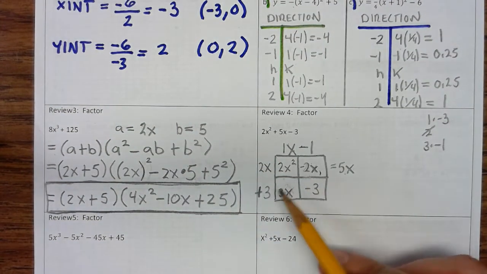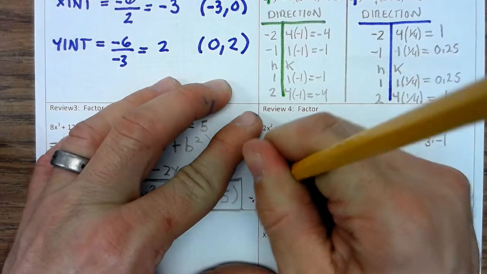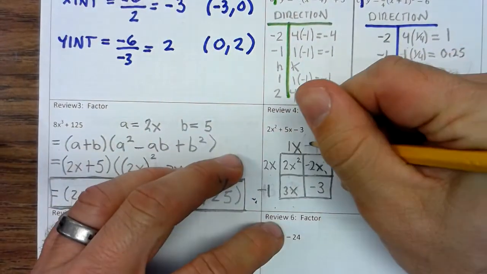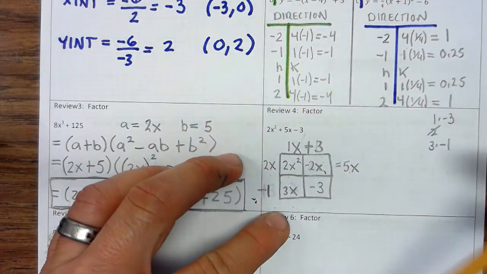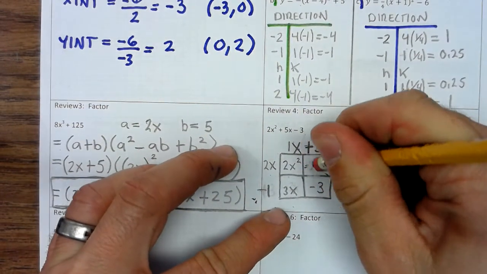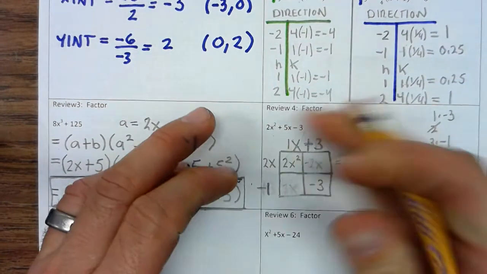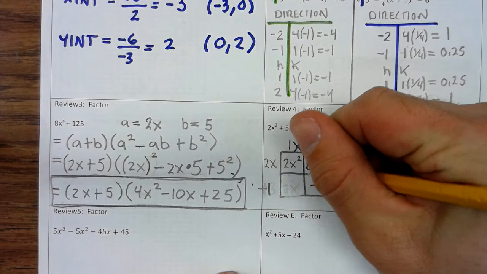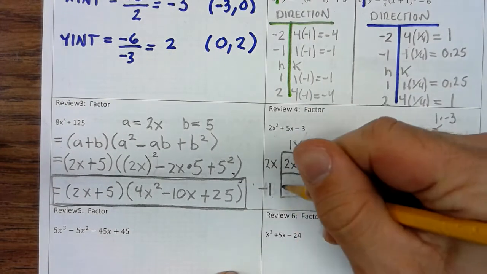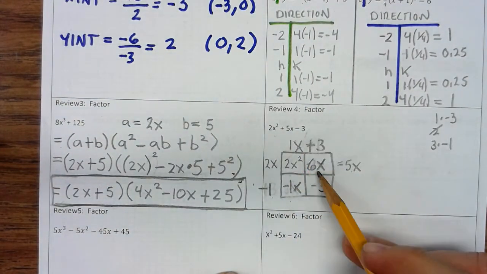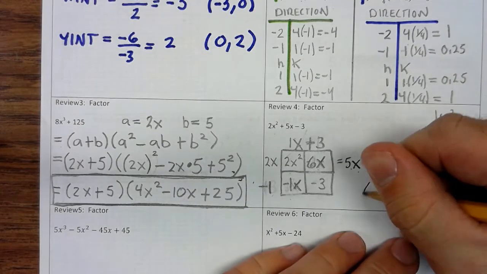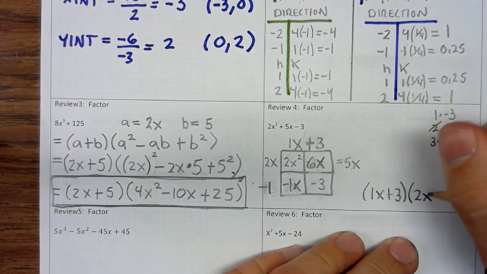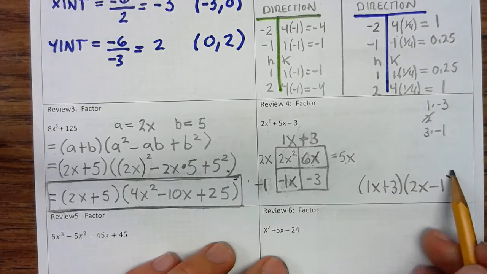That doesn't work, so we can switch. So we can actually make this negative 1 and this positive 3. Okay? So then 2x times 3 is 6x. Negative 1 times 1x is negative 1x. They combine to be 5x, so our factored form is 1x plus 3 times 2x minus 1.